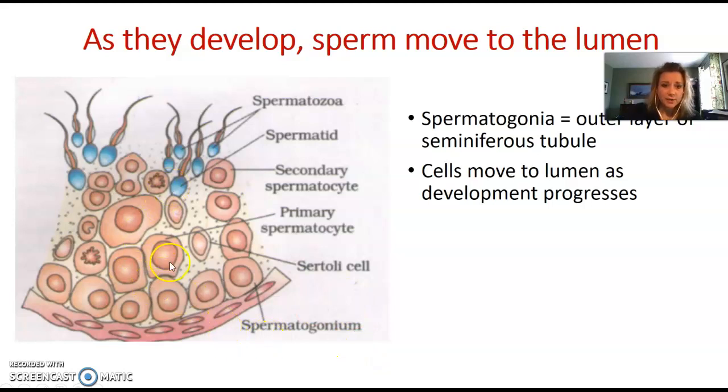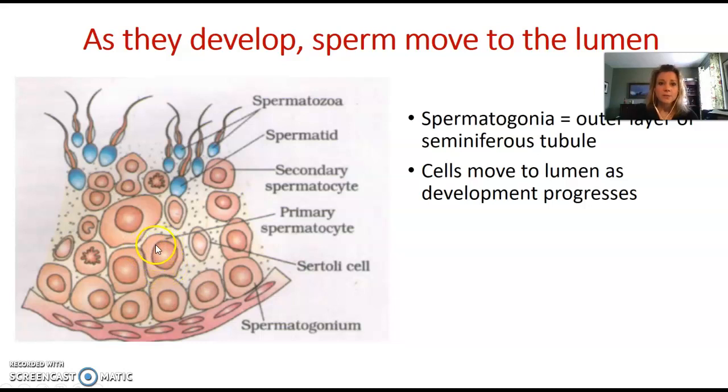Here you can see that we're progressing from a spermatogonium, and then after that first mitotic division, you have the primary spermatocyte, and it's moving in towards the lumen of the seminiferous tubule.